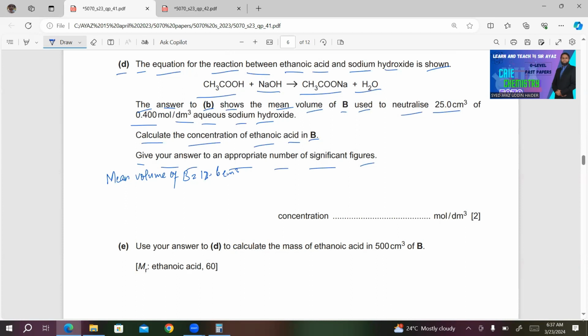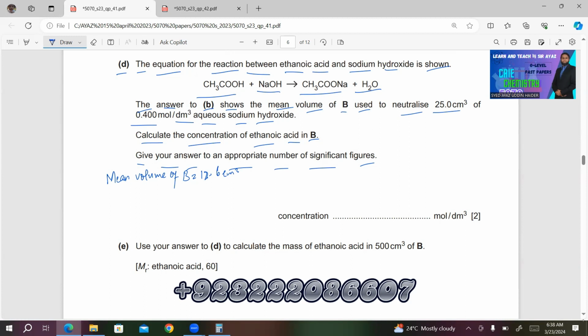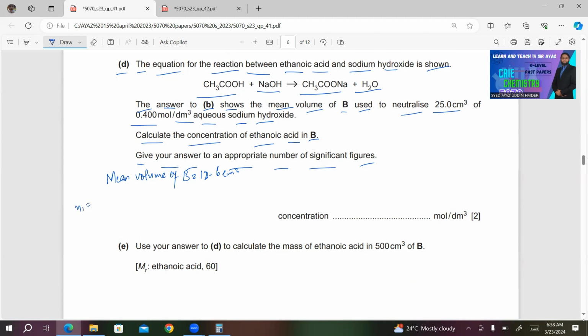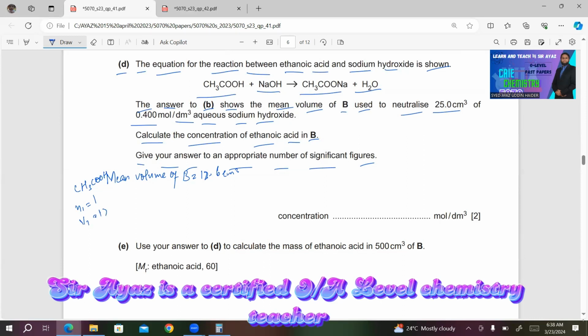Other information provided in this question is the number of reacting moles. If we consider the number of reacting moles of ethanoic acid as N1, for ethanoic acid, according to the equation, it's 1 mole. What about the volume of ethanoic acid? It's provided, 12.6, and we need to calculate the concentration, which is M1.